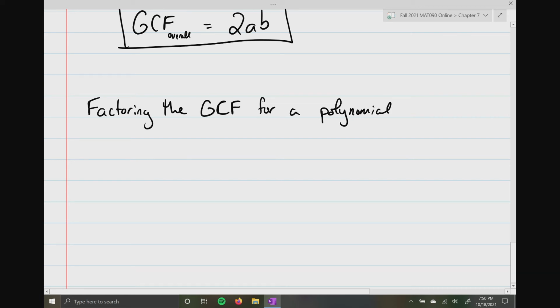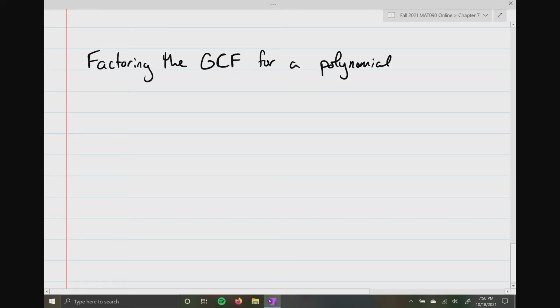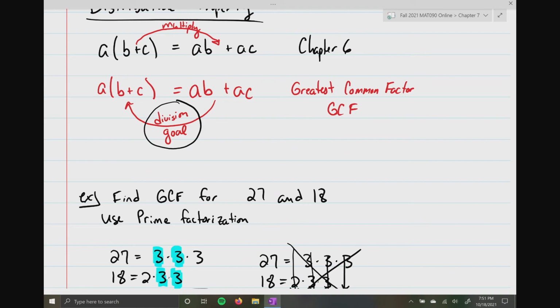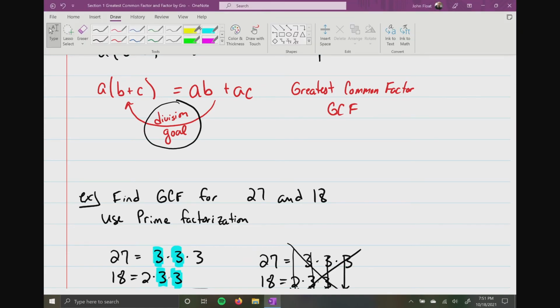Okay? So what I'm going to do is give you a polynomial, such as 2x plus 16. Now, remember at the very beginning of class, you know what? Let me just scroll up. There we go. So what I'm focusing on here, and I'm going to highlight it so you know where I'm looking, is right here.